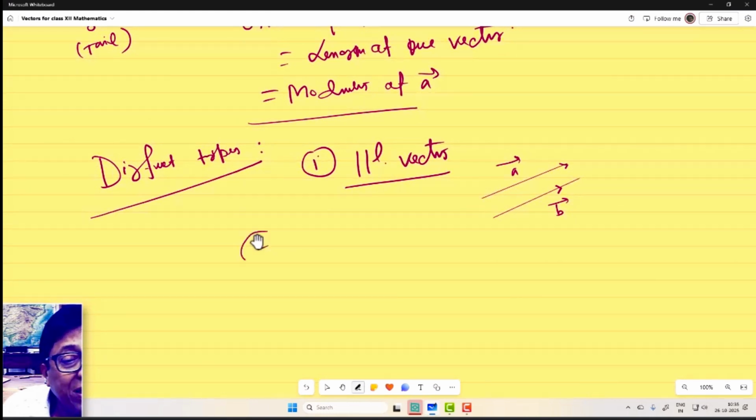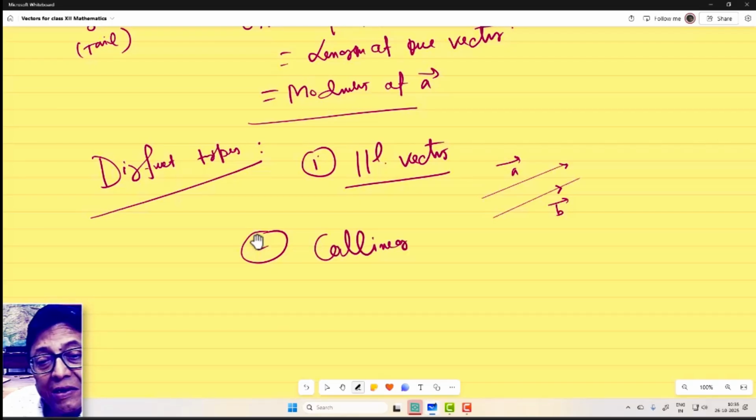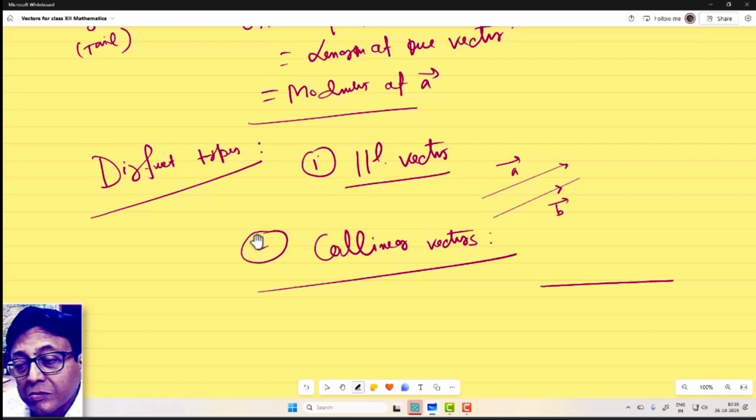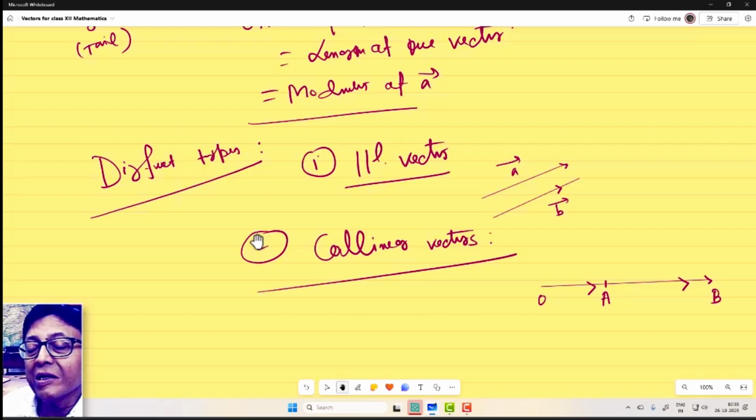And then two vectors may lie on the same line. Then they are said to be collinear vectors. What are those? On the same line, we are representing two vectors. O to A is one vector, then O to B or A to B, they are also vectors lying on the same line.